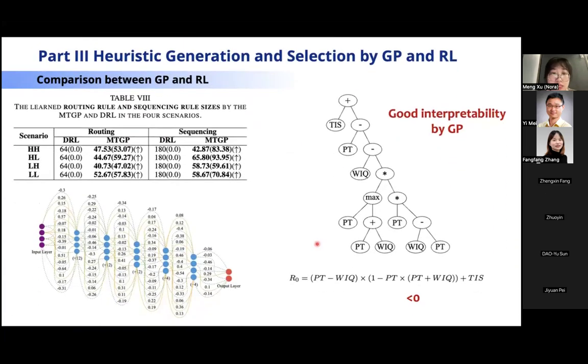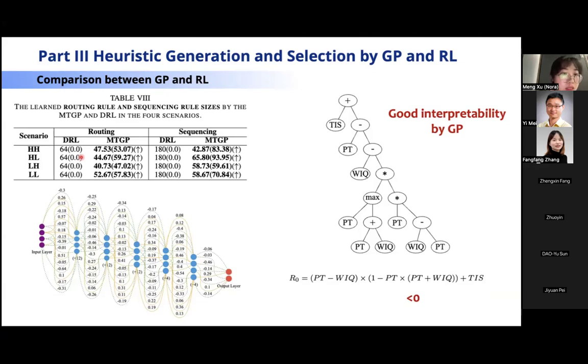Besides, we also analyze the interpretability of the policy learned by genetic programming and reinforcement learning. First, we compare the routing rule and the sequencing rule size. For the reinforcement learning methods, because the network structure is defined in advance, we use the number of nodes to represent the size.